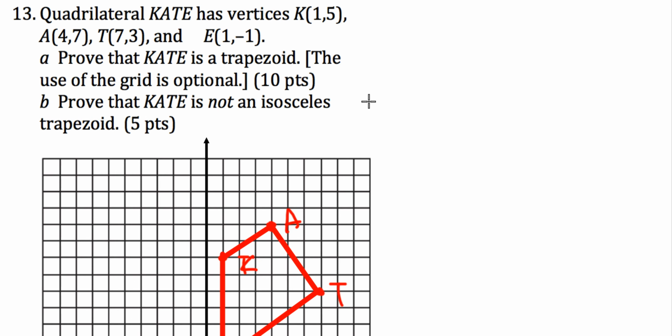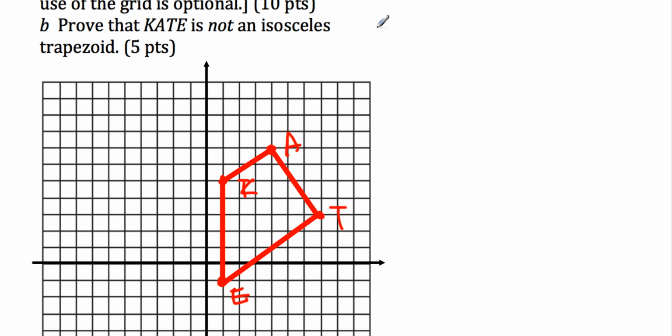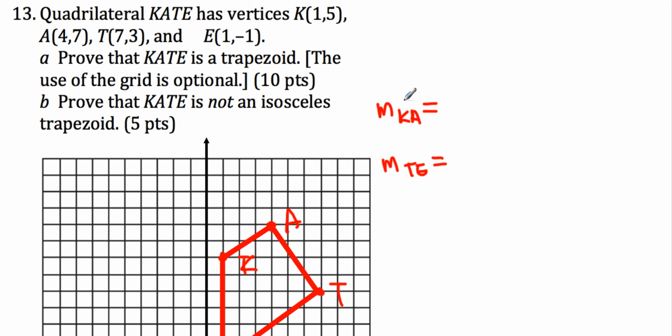All right, so then we have a couple plans here that we have to do. First, we have to show that it's a trapezoid. That means here I'm going to show that slope of KA is equal to slope of TE. So slope of KA, which is 7 minus 5 over 4 minus 1, which becomes 2 over 3.